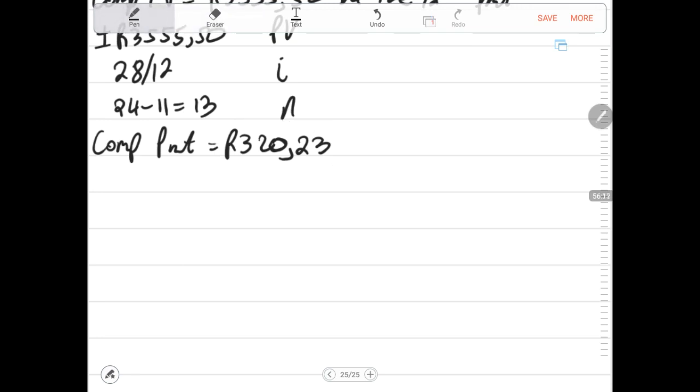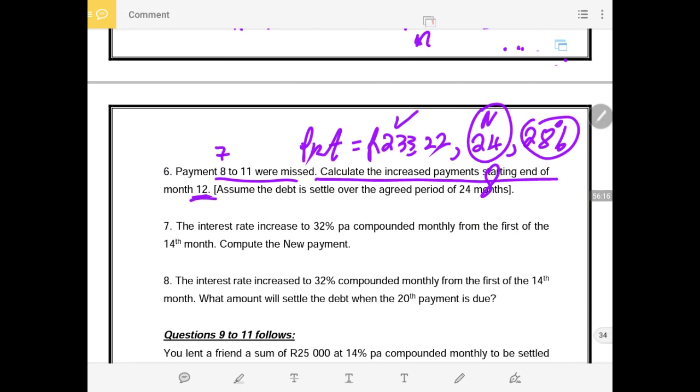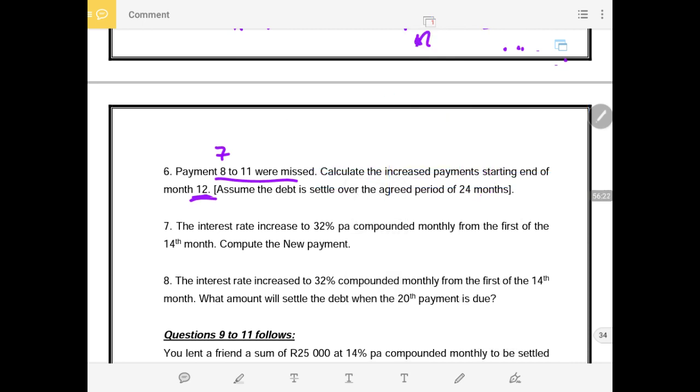So we have responded again to this lovely question number 6. We go to question number 7. This is a very long question, but a very lovely question at the same time, for the full comprehensive understanding of everything concerning amortization.